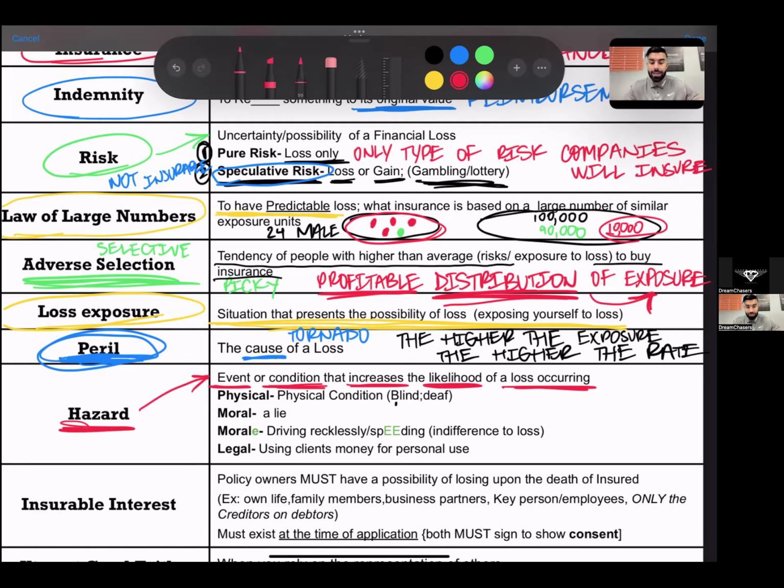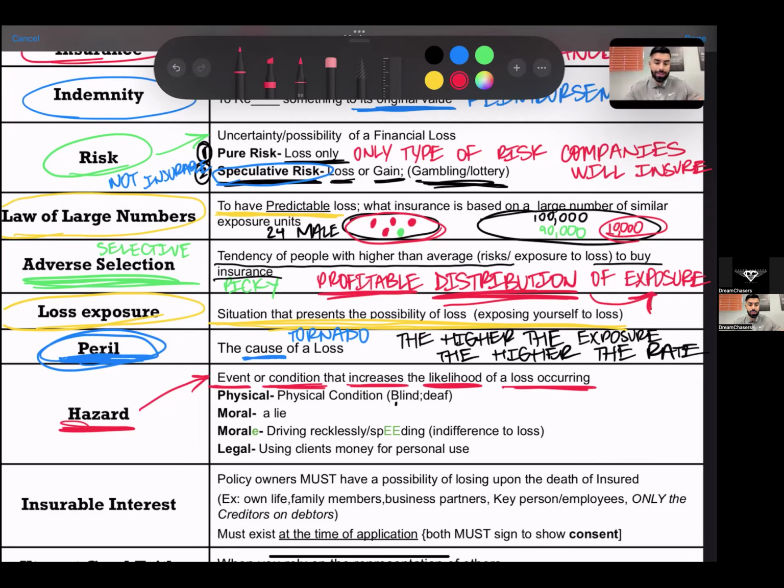That is a condition that can increase the likelihood of there being a car accident and a loss occurring, meaning people pass away. Let's say there's a car pulled over in the middle of the freeway, 4 a.m., it's pitch black, there's no lights on, no emergency lights on. That's a situation that can increase the likelihood of a loss occurring. Okay, so that is what is known as a hazard.